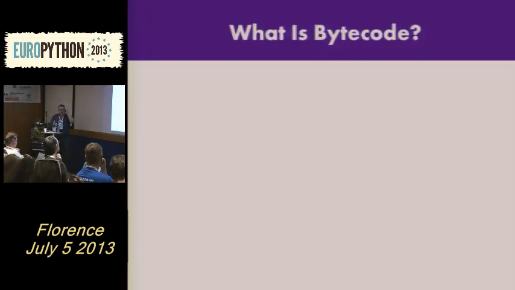Now, what is bytecode? Very simply, bytecode is an instruction set for a virtual machine. Now it seems like every time I give a talk I give the same metaphor, but a virtual machine is one of those really apt metaphors in computer science in that it is both virtual and a machine. It is virtual in the sense that it's not a solid piece of matter that you could go over and kick when it misbehaves.